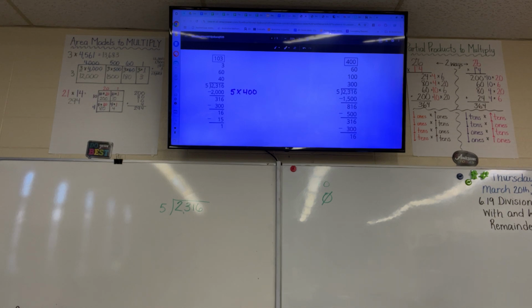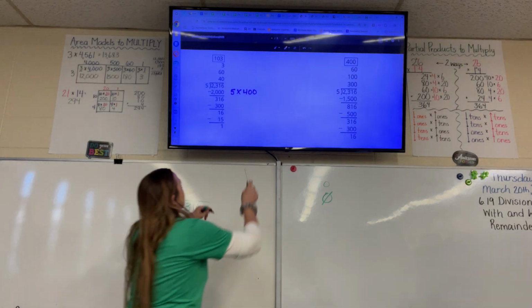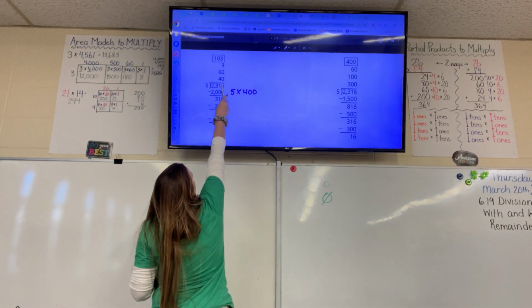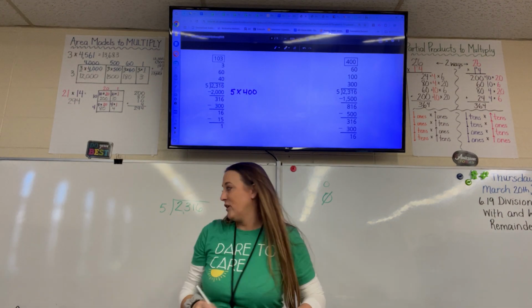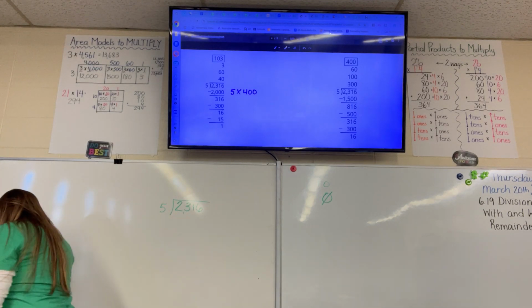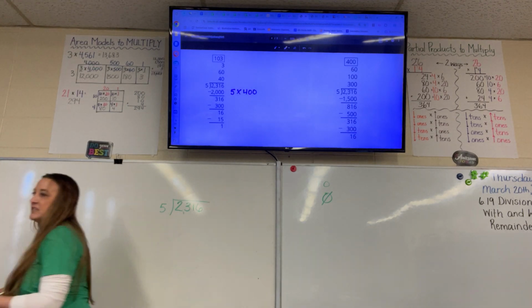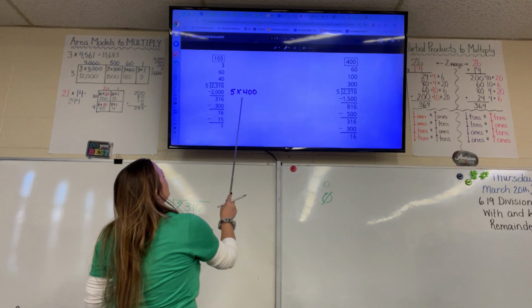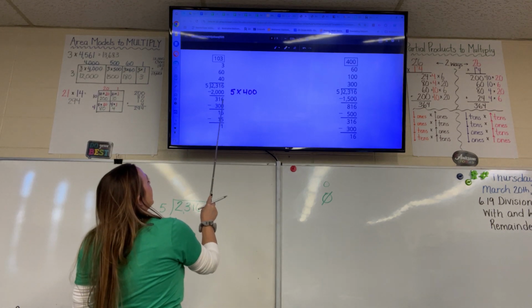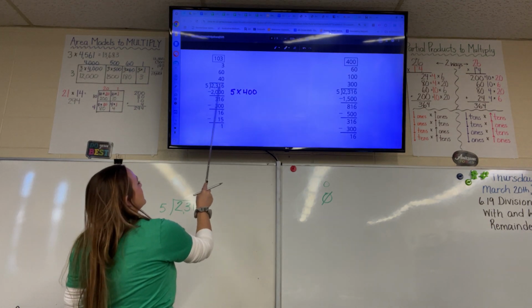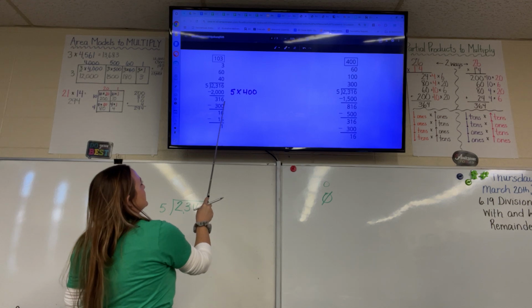No. Jackson? He put 40 instead of 400. Yep. So you see it up at the top? We're supposed to write 400 up top. He just wrote 40. So that was his first mistake. So this should be a 400. Next then he did the subtraction, got 316.